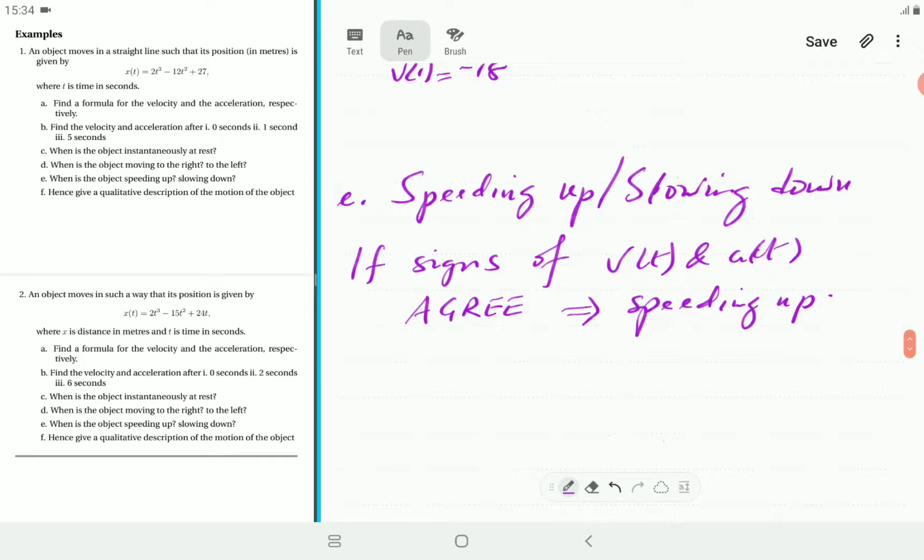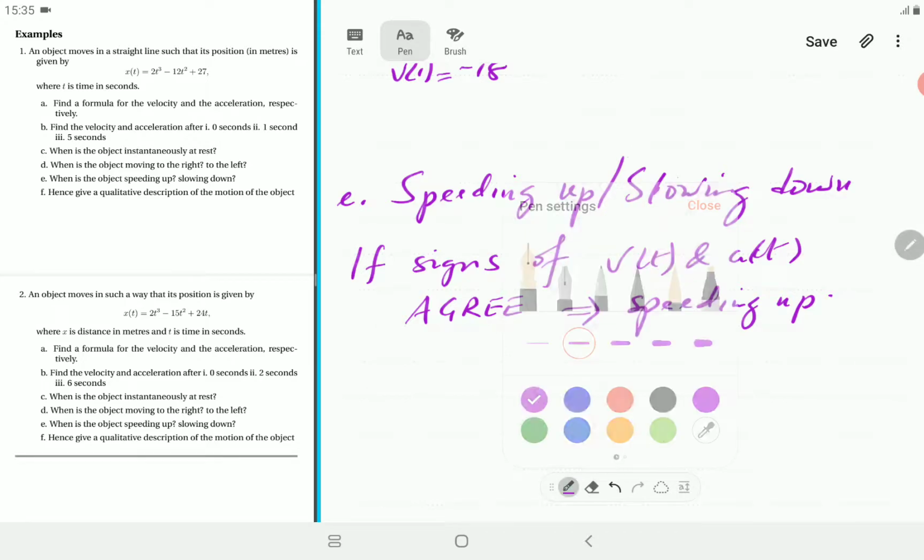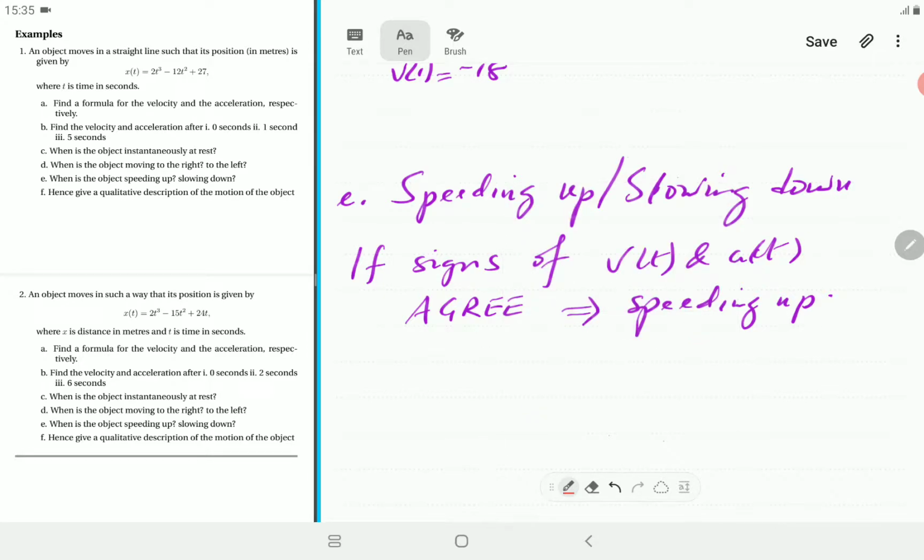Now remember, acceleration is like a force. So this is a bit like if something is moving to the left and then you apply a force to the left, then it's going to start moving faster and faster. The force is acceleration times mass.